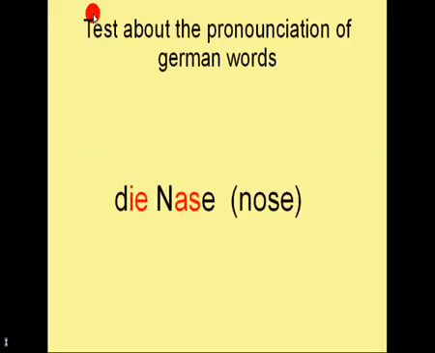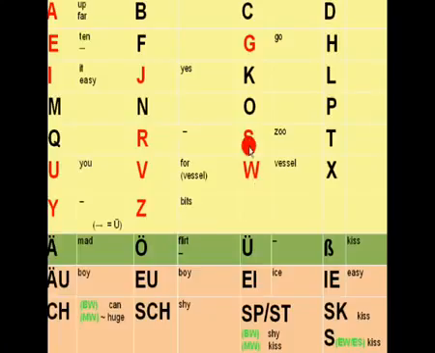I assume that you would say a different sound to this letter in this case. And then there's this letter. I assume also that you would pronounce it probably like S, and we would pronounce it like in zoo. If you remember from my other videos, I told you that it's pronounced like in zoo.